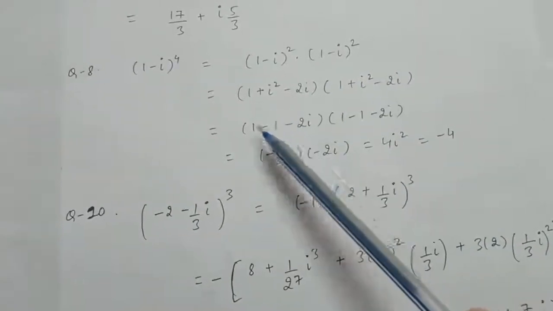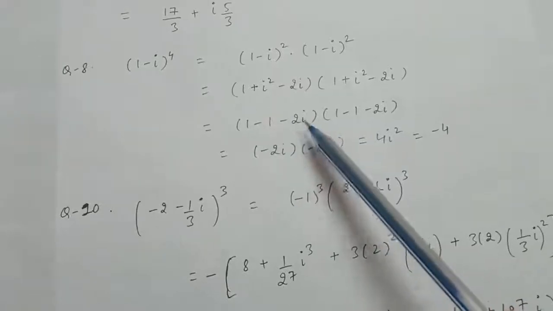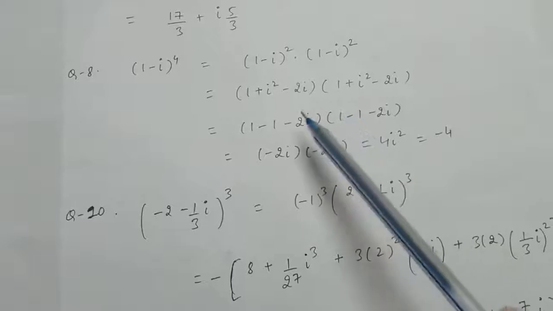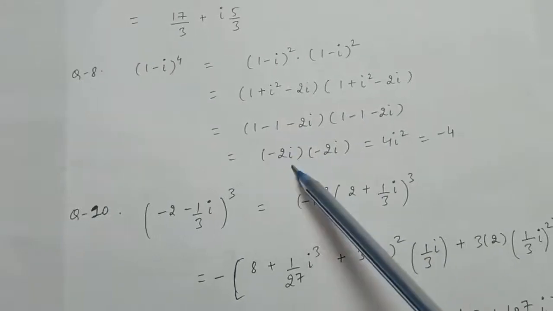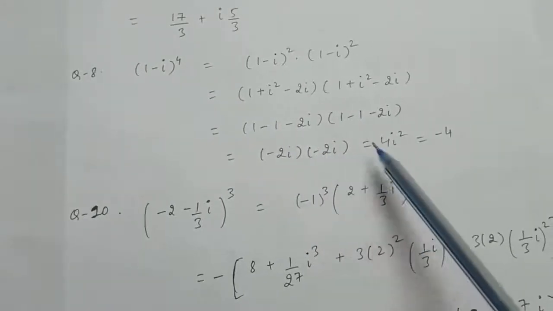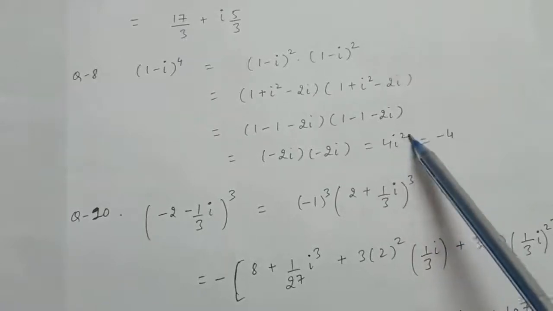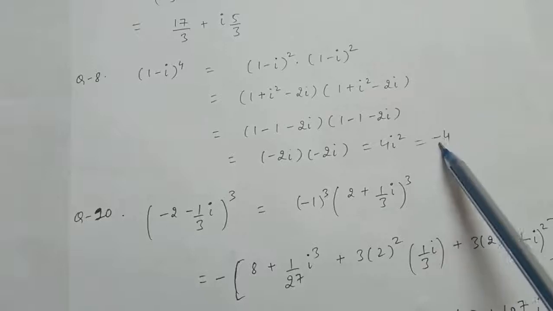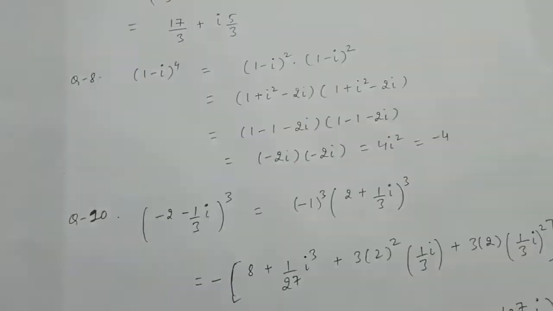Now this is 1, iota square is minus 1, minus 2 iota. Here also 1 minus 1 minus 2 iota. Cancel out this 1, you will get minus 2 iota, which is equal to 4 iota square. Now iota square is minus 1, so minus 4, right?